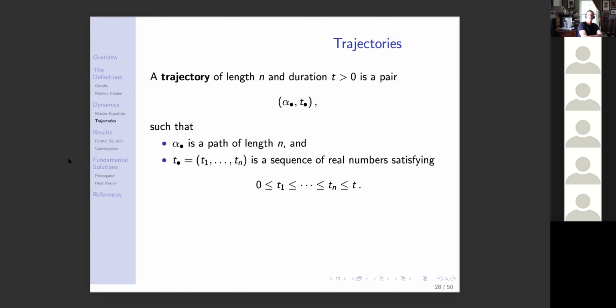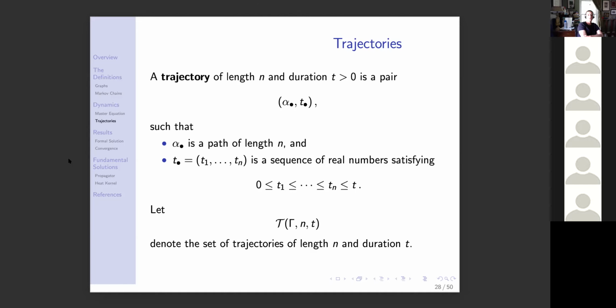It's a monotone sequence of real numbers, one for every edge that appears. And we're going to let Gamma_n^t be the set of trajectories of length n and duration t.